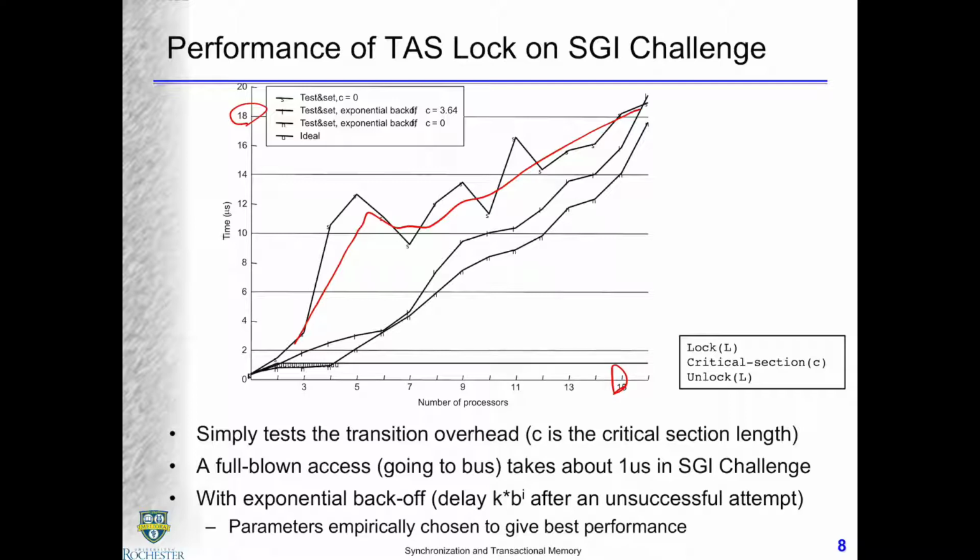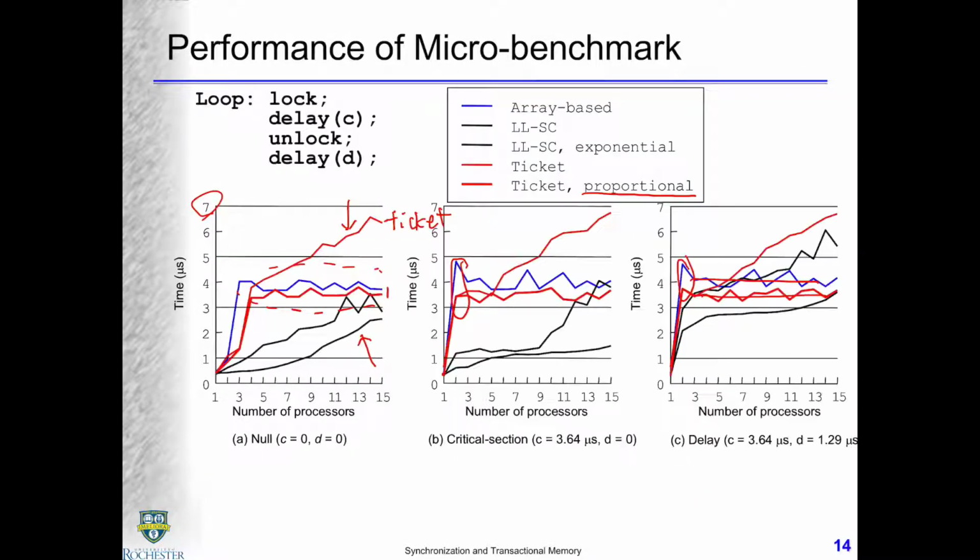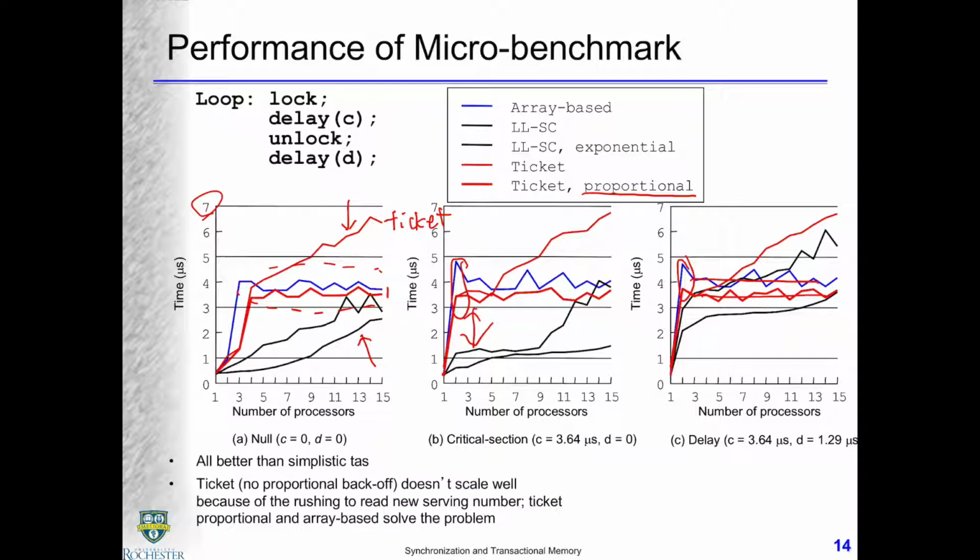So this is not a good solution. These ones that we have now, even though they still have some scaling issues, in general, they're lower than the terrible test and set. But yes, they all have this trade-off that at low contention point, there seems to be an overhead. So that's the key point.